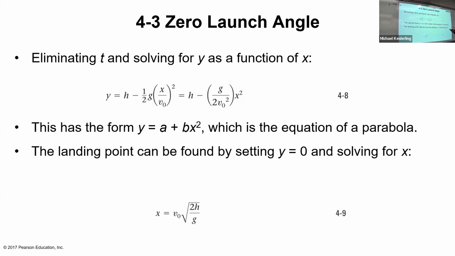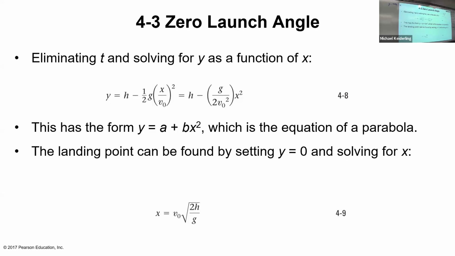But we find that, launched from some height, y is height minus 1/2 g times (x over v naught) squared, because if x equals v naught times t, then t equals x over v naught.